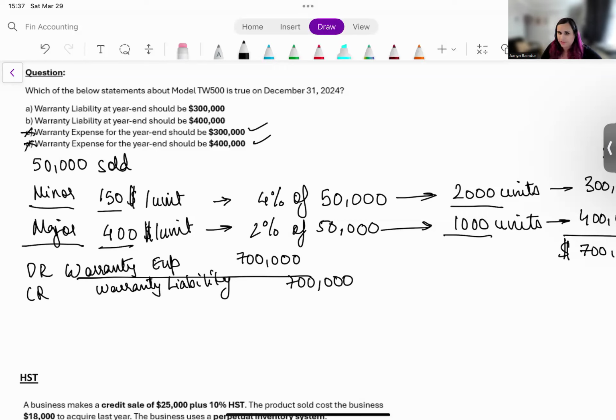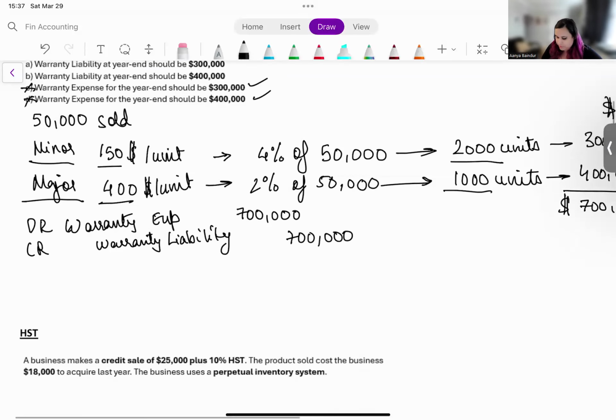It won't be any of these options, which means now we need to find the end balance of warranty liabilities. So let's remember what the T table looks like for warranty liabilities. We've incurred this and we made a credit here. So let's put in that balance.